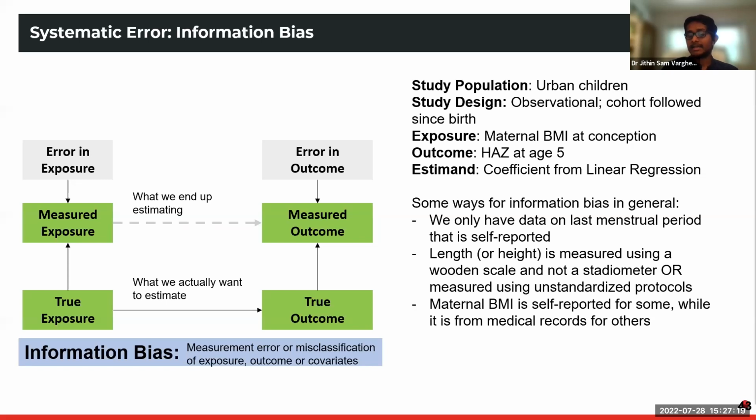This is something which I dealt with in one of the studies which I was a part of, and the reviewers were very strict about this. Or the measurement may have been due to unstandardized protocols. Finally, maternal BMI may be self-reported for some individuals, while it may be from the medical records for others. So we end up with incorrect estimates of this association. This is what we actually want to estimate. This is what we end up estimating.